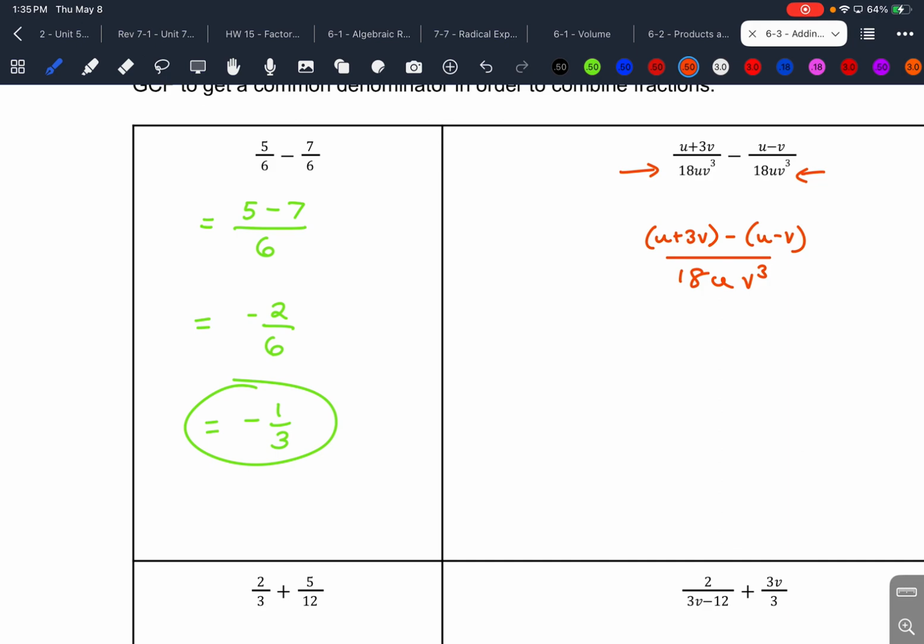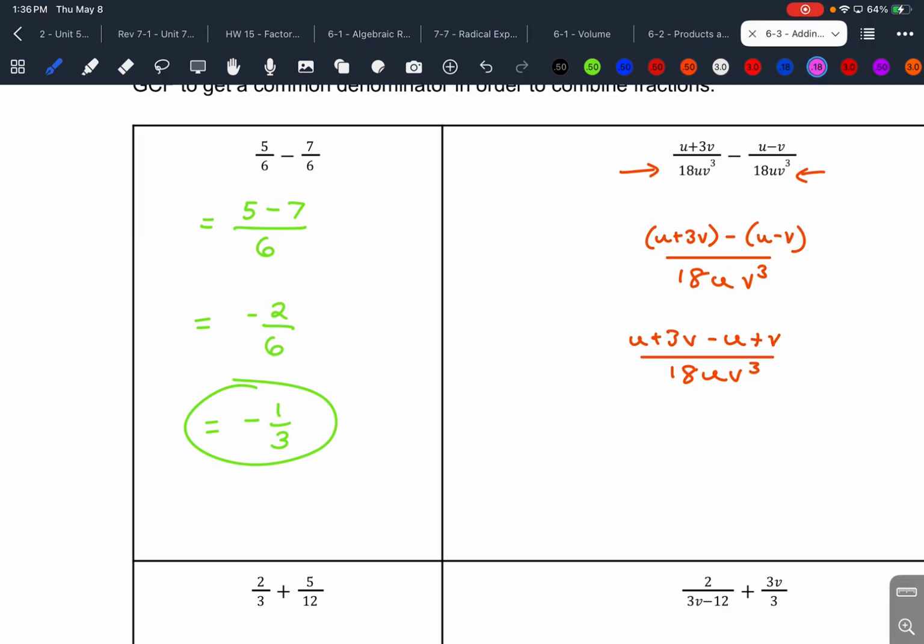So now we distribute. I'll actually just do that step right here. So 18uv cubed, we have to distribute in order to get rid of parentheses. Here we're distributing a 1, that's fine, but here we're distributing a -1. So this is u plus 3v minus u plus v.